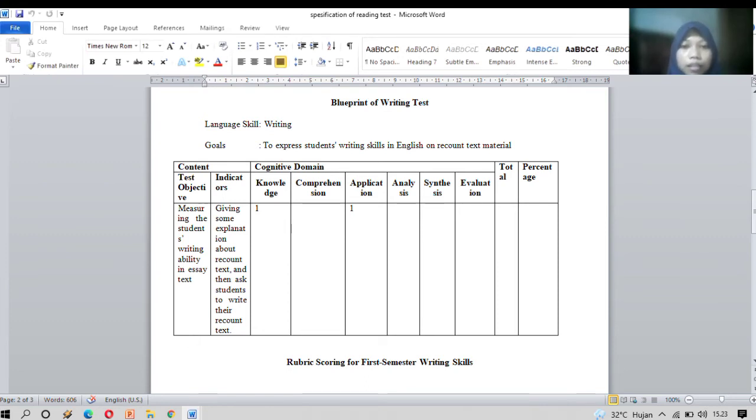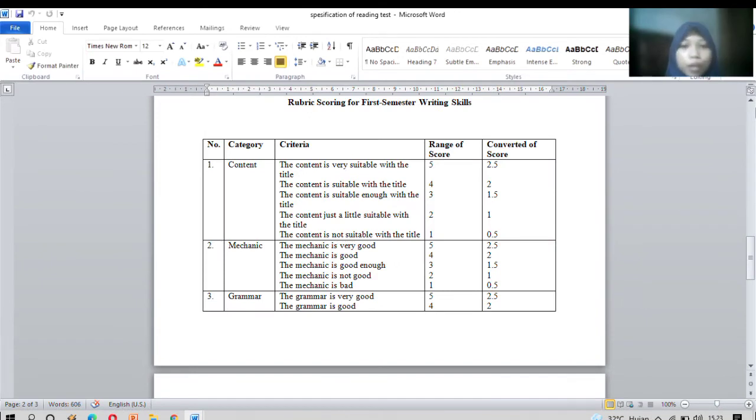And the next is the rubric scoring for the writing skills. There are 4 categories for scoring writing skills. The first is content, and then mechanics, grammar, and neatness. For the content, there are 5 criteria.